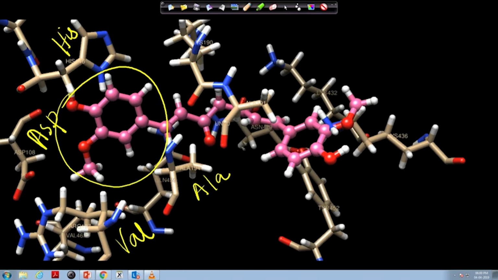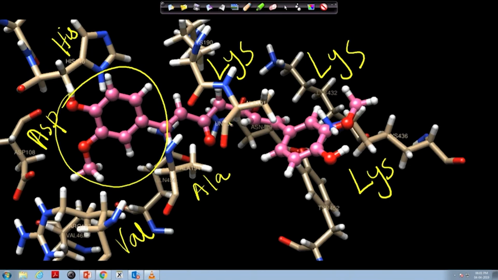And there is also another ring where we can see lysine, here is another lysine, and here is another lysine. So, what we can say from here is that there are polar residues as well as non-polar residues surrounding this curcumin.